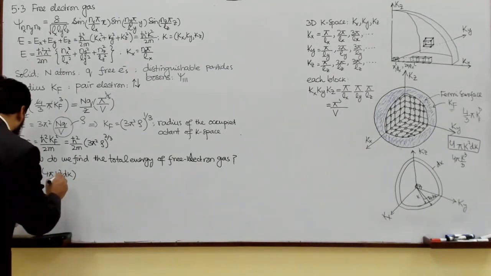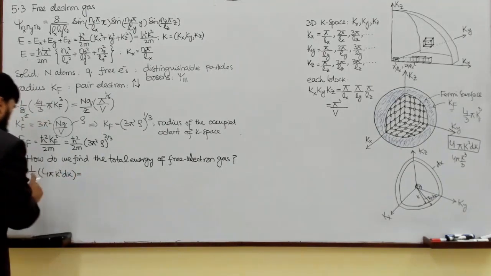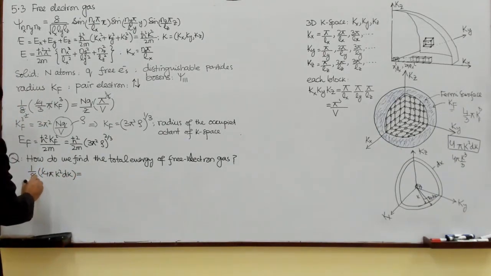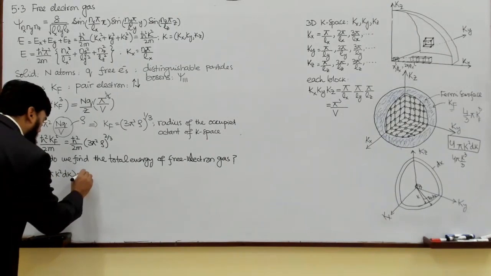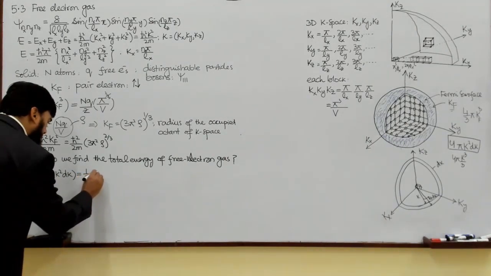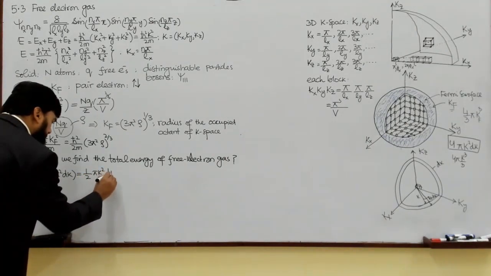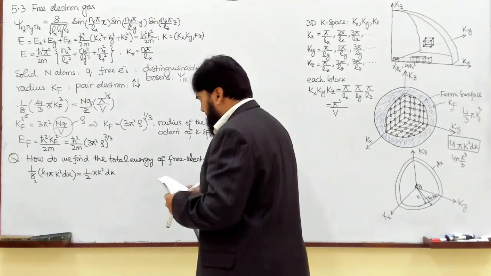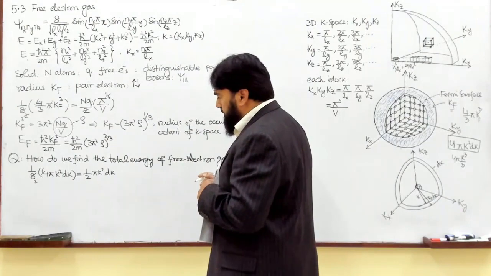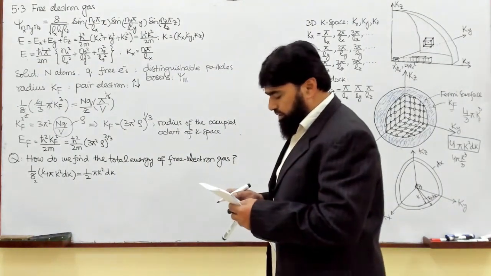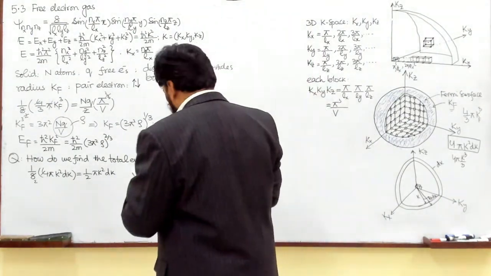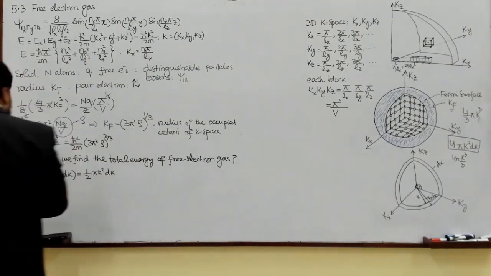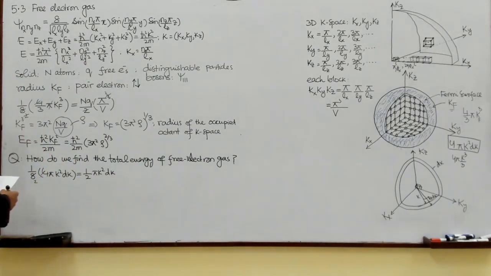Simplifying 4 and 8, we get 2, so we have half pi k squared dk. This is the volume occupied by an octant, or one block, for an electron.